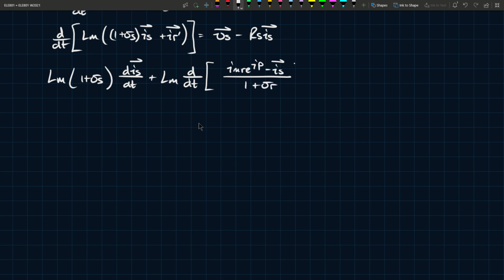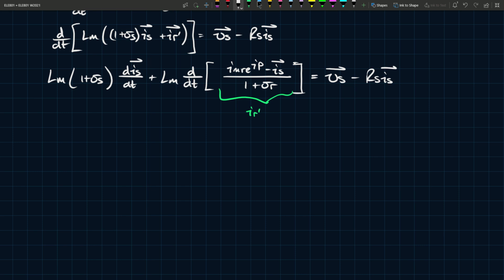And this is exactly that substitution I was referring to. So this thing is IR prime. We made this change of variables, if you want to call it that, defined a new variable, equal to Vs minus Rs Is.